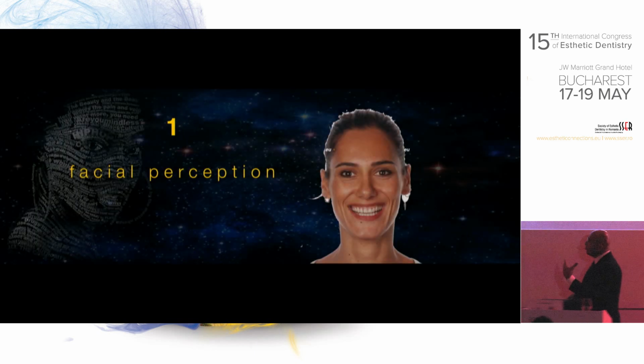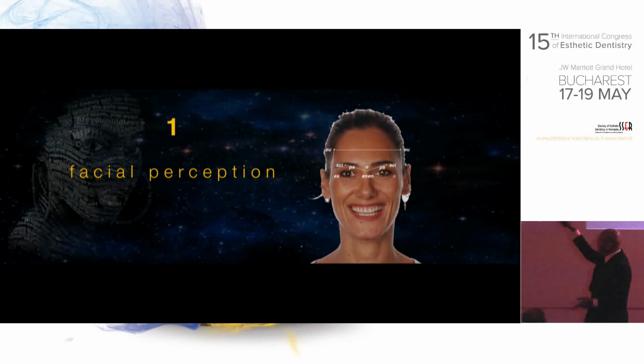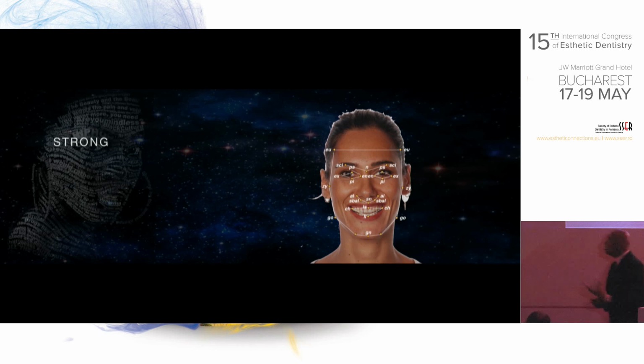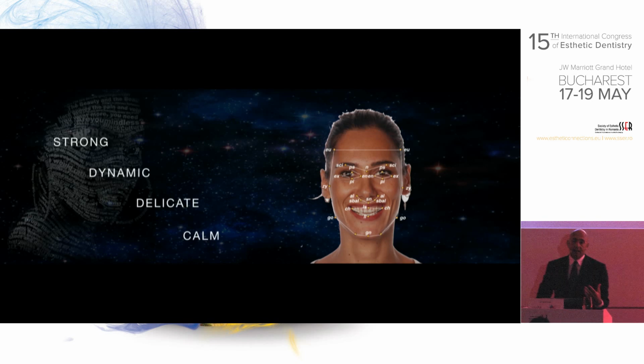In doing so, in the beginning, we used all these basic points on the face, which psychoanalysis had been using for years, and tried to figure out the facial perception of that patient. Meaning, how will you perceive this face? Is it strong, dynamic, delicate, or calm? Just like Philip Hallawell did in his visagism portraits. So this was the first step.